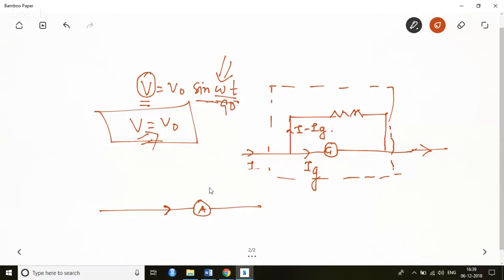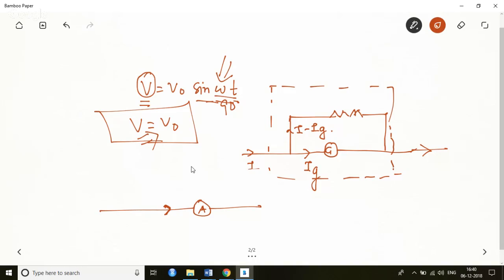Why? Because I have told you that a series connection of any equipment means the same current will pass through it. That is why it is written in your book that the ammeter is connected in series with the element, because whatever current I want to measure, I want to measure it directly.